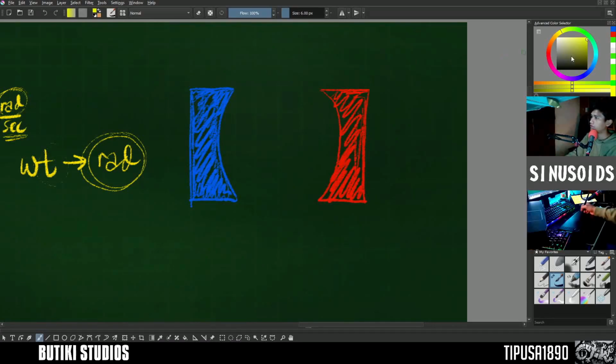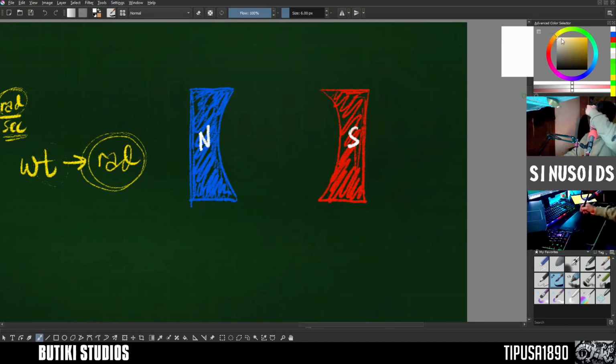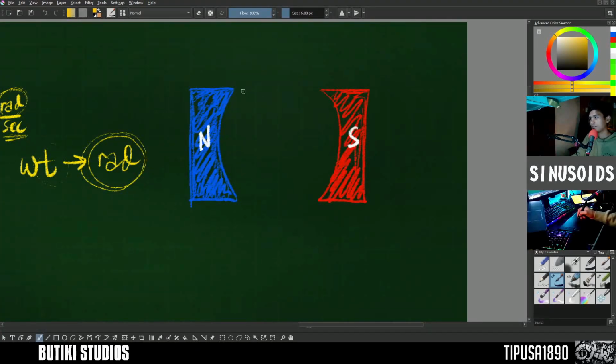So you have here your north and south magnets. For your north and south magnets, since this is a magnet, north and south attract. So there is a force of attraction between these two magnets.